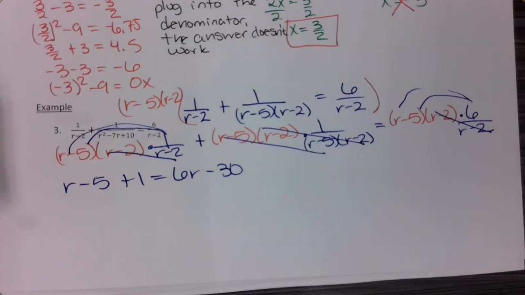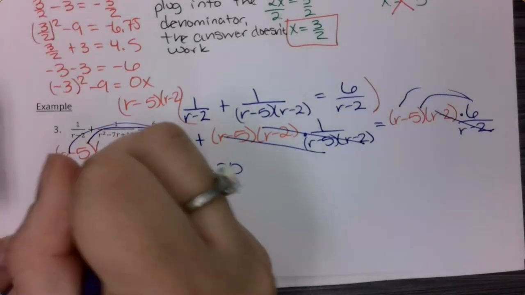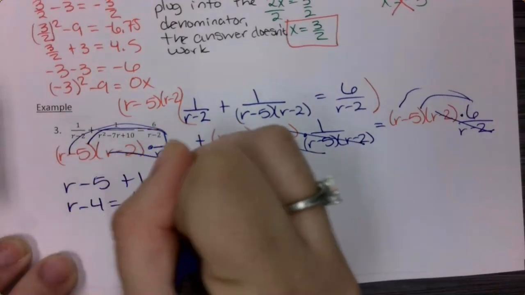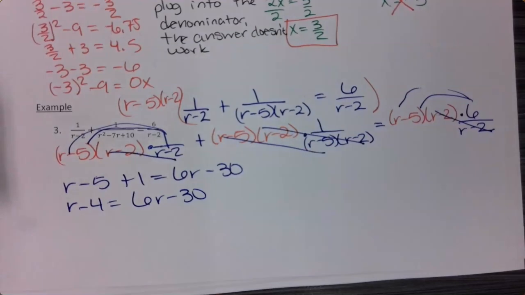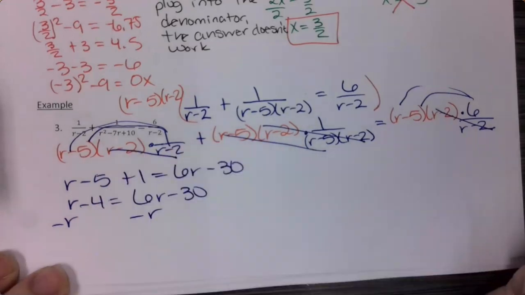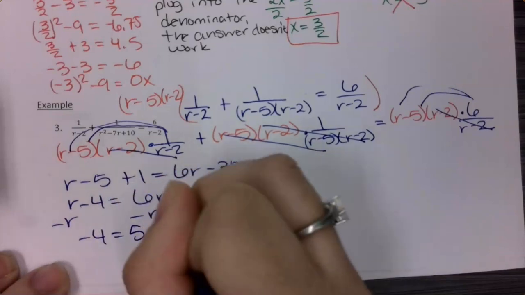Then I want to combine like terms on my left side. So what's negative 5 plus 1? Okay. Then I want to subtract R on both sides. So this is going to get me negative 4 equals 5R minus 30.